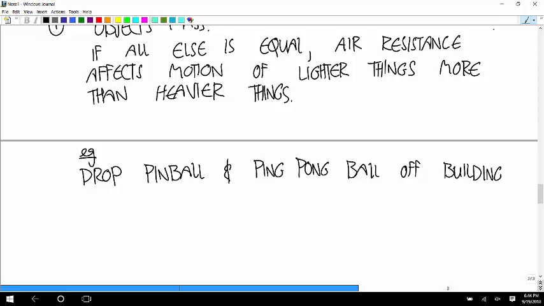Since the ping pong ball is a lot lighter, air resistance is going to affect its motion a lot more. And so the pinball is going to hit the ground a pretty long time, a second or whatever, before the ping pong ball will. And if there's a strong wind, it affects it more. So the pinball would hit the ground first.